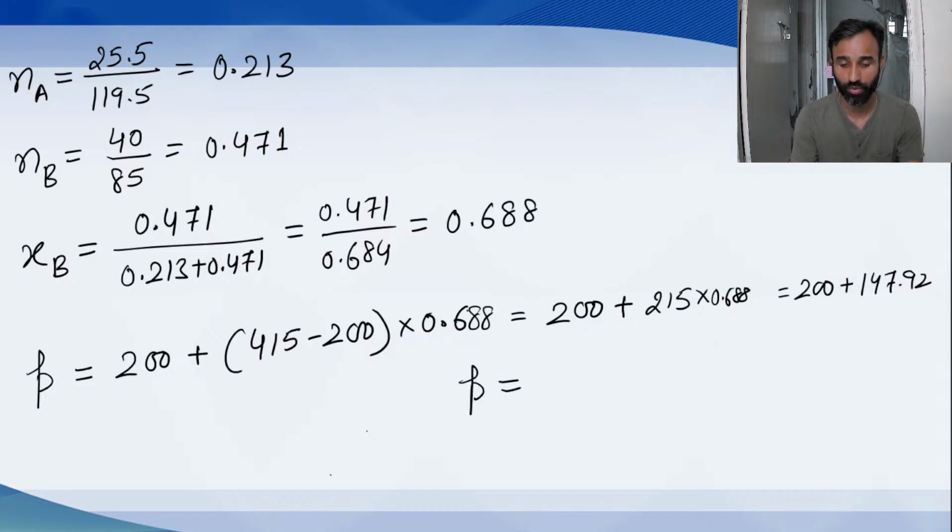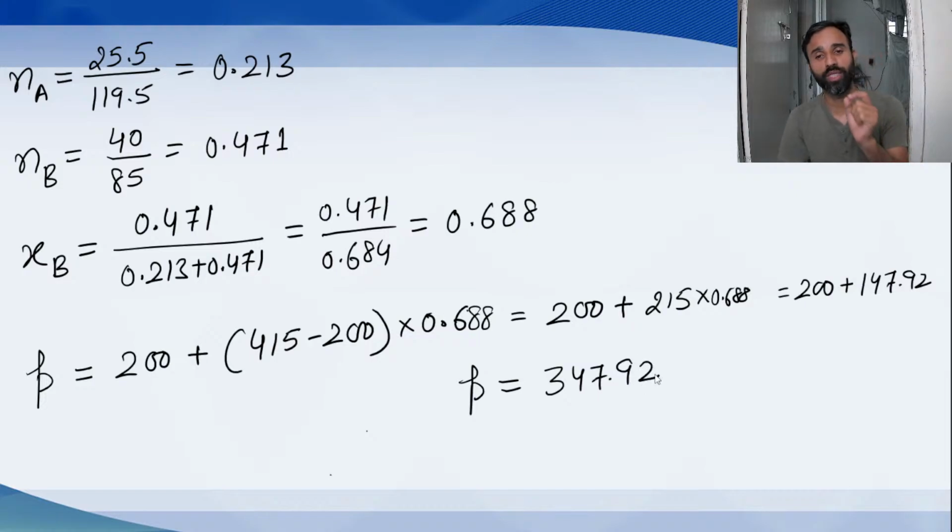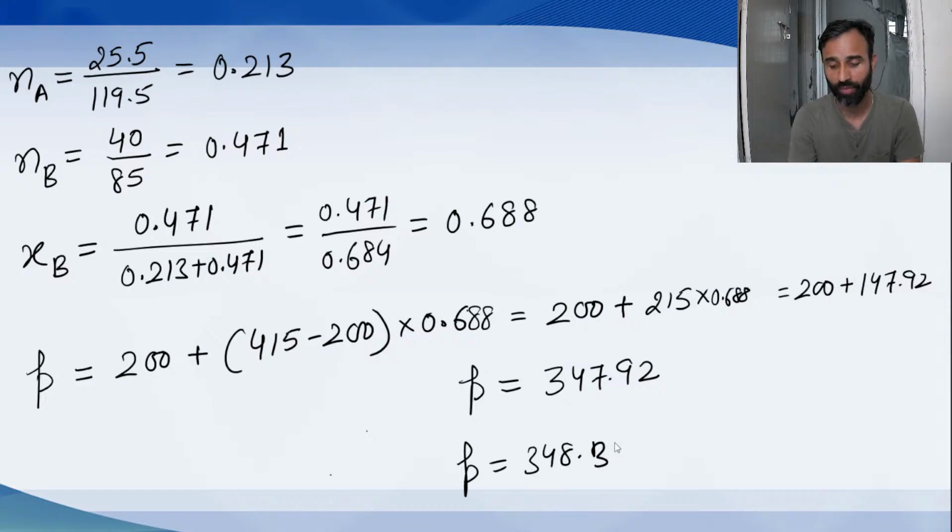Then P comes out to be 347.92. Otherwise, it comes out to be 348. If we take it as 0.69, it was 348.35.